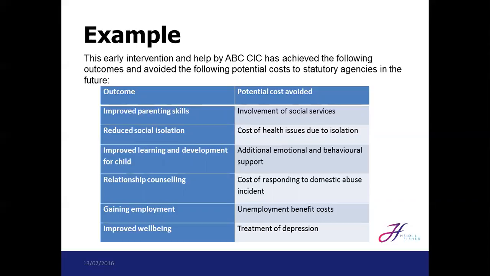So in terms of the different outcomes that were achieved for the various stakeholders, for the individual, they achieved an outcome of having improved parenting skills, and then they were also less socially isolated, which is a big factor in terms of getting support to resolve the domestic abuse that they were suffering from.